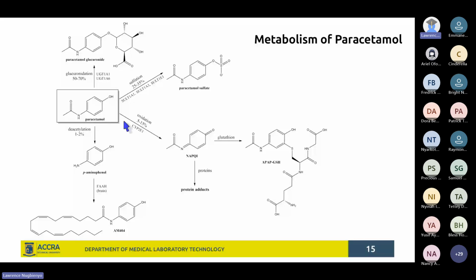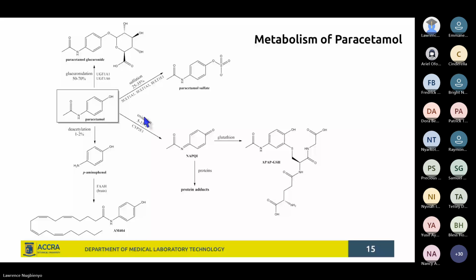And you see here about 25 to 35% of paracetamol when taken undergoes sulfation. In place of the hydroxy group, you have a sulfate group, in paracetamol sulfate, and that is an inactive metabolite of paracetamol. Then 5 to 15% of the drug is acted on by one of these cytochrome P450 enzymes, which catalyzes an oxidation reaction.